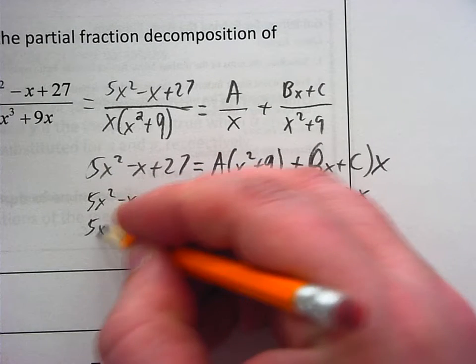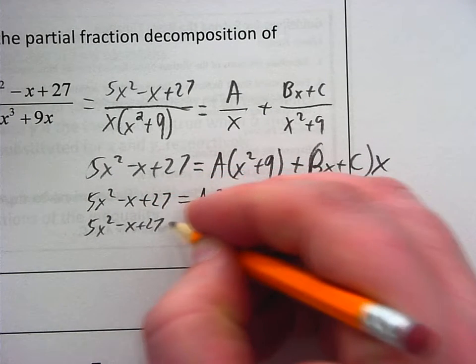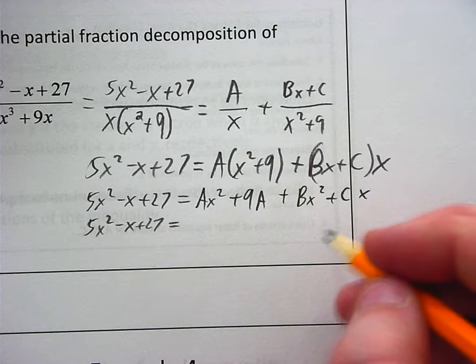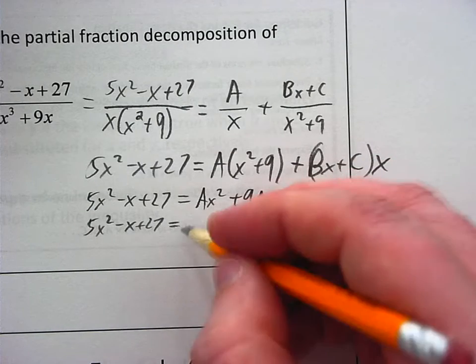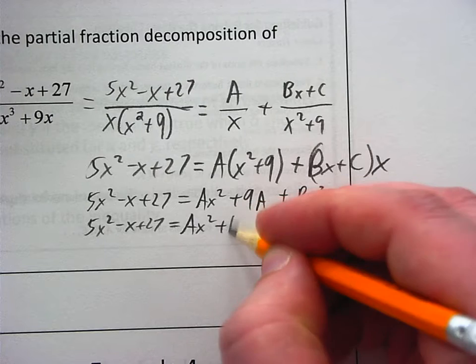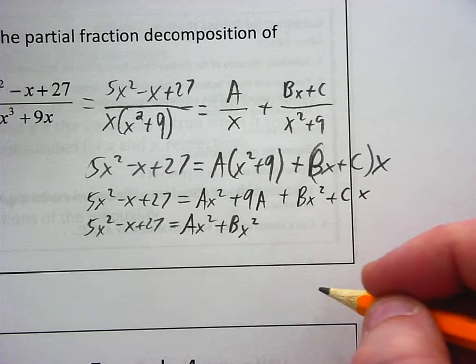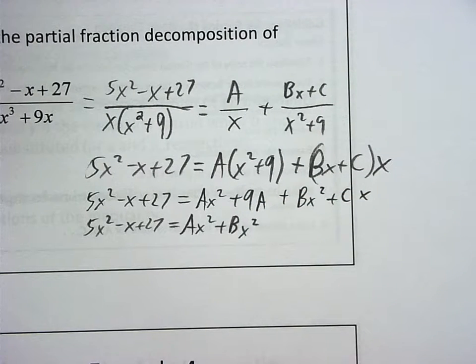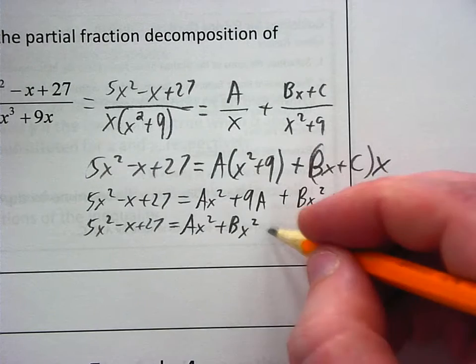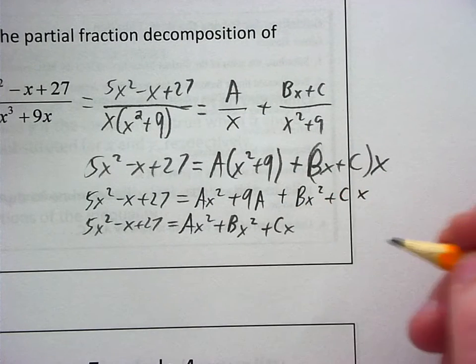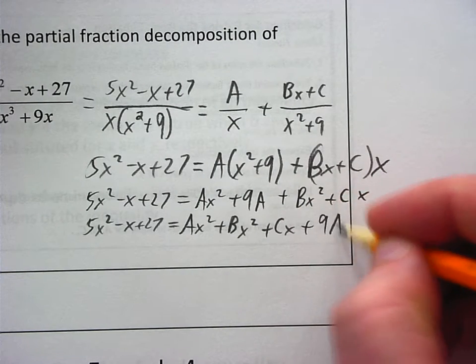The left side is still 5x squared minus x plus 27. The right side, I'm going to take the ax squared and the bx squared and put those first. What would be next in descending order? cx. And last, your 9a.